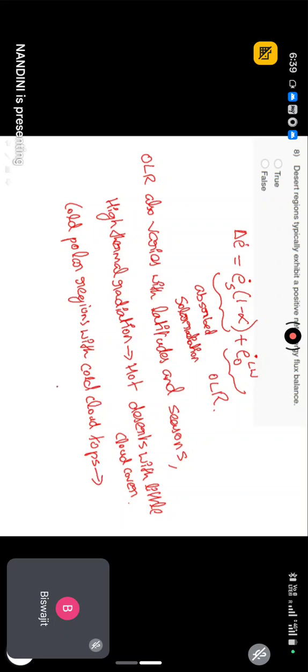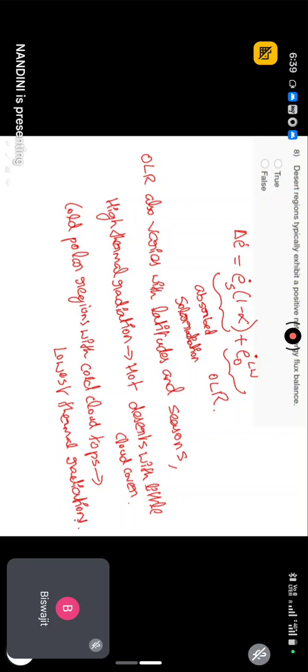If the clouds are at a very low temperature, the thermal radiation will be very low. The lowest thermal radiation will go out from cold polar regions as well as from very cold cloud tops.